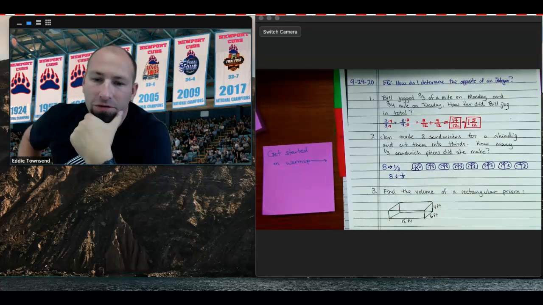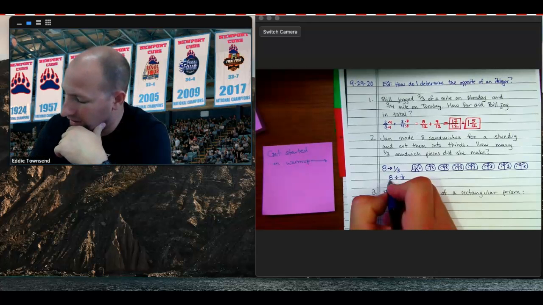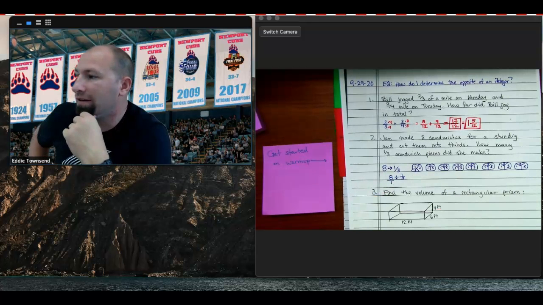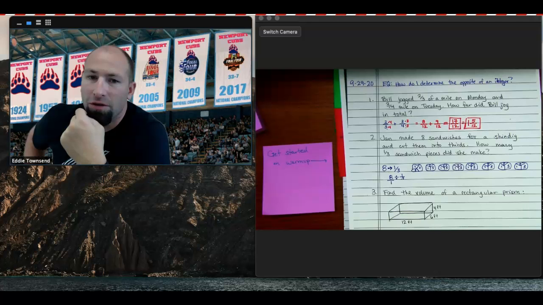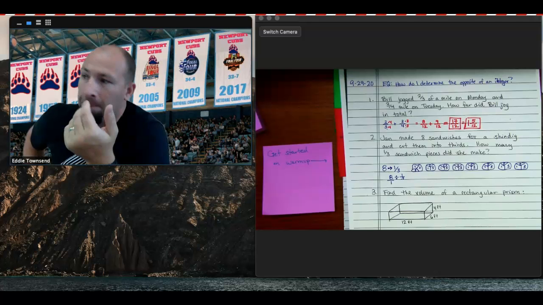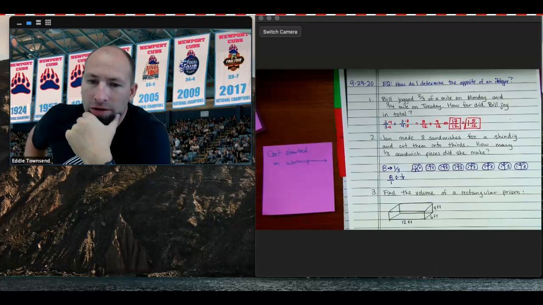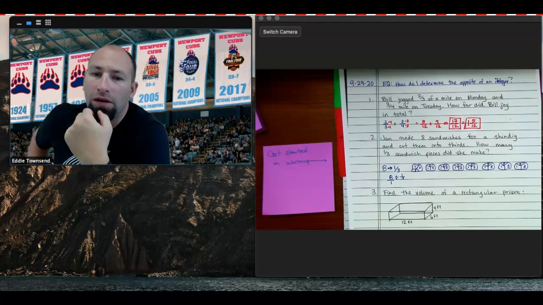Now I told you guys yesterday, when you're dividing fractions, which 8 is actually a fraction too, if you didn't know. 8 is 8 over 1, right? 8 divided by 1 is really what a whole number is. So any whole number, in this case 8, is actually 8 divided by 1, or 20 divided by 1, or 15 is 15 divided by 1.